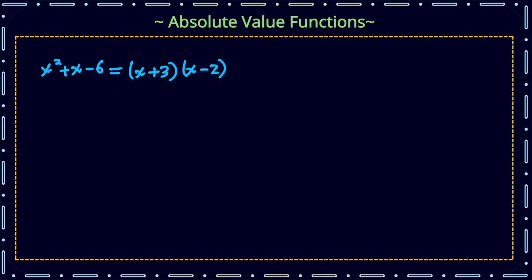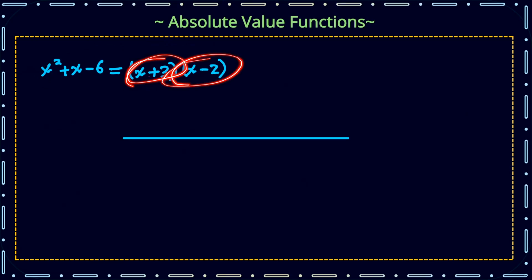Draw the number line and locate the zeros of these factors on the number line, because it is at the zeros that the expression can possibly change sign. For this factor, the 0 is -3. For this factor, the 0 is 2. Our factors are x plus 3, x minus 2.